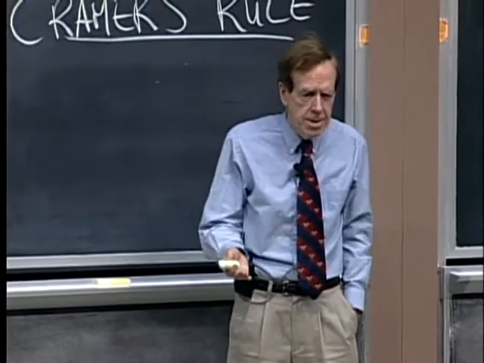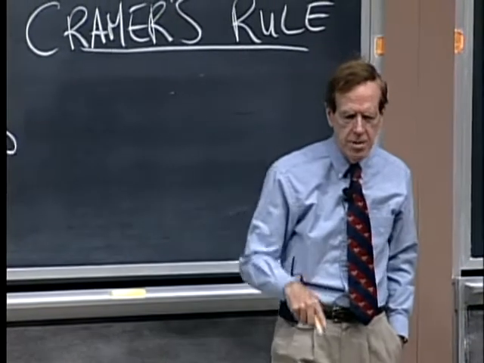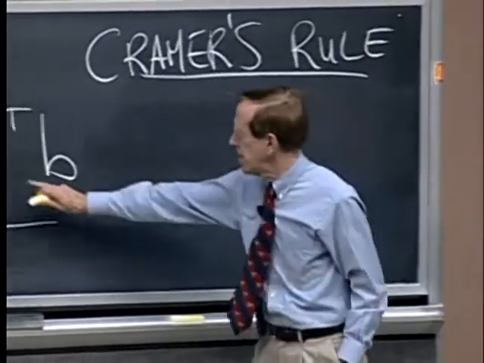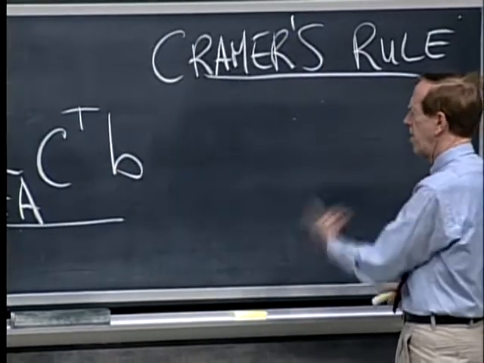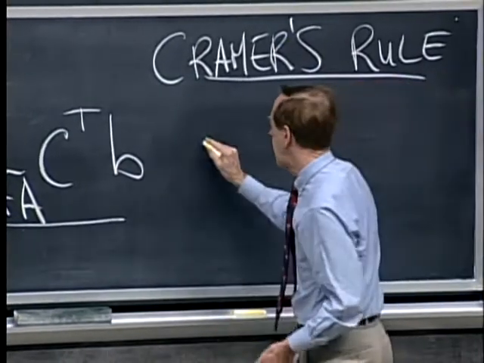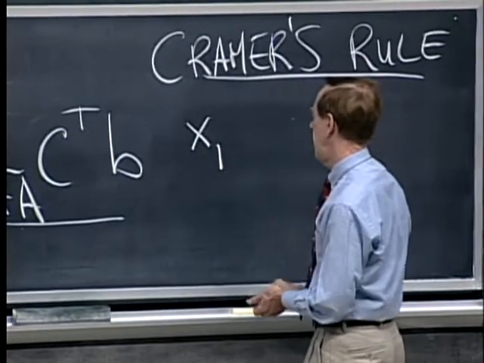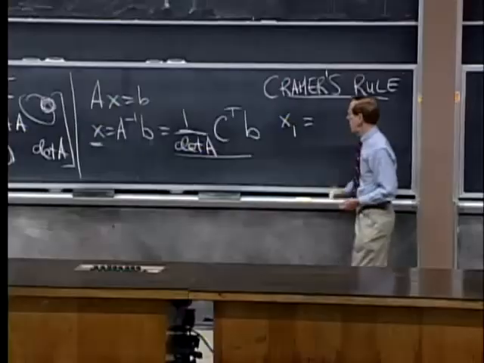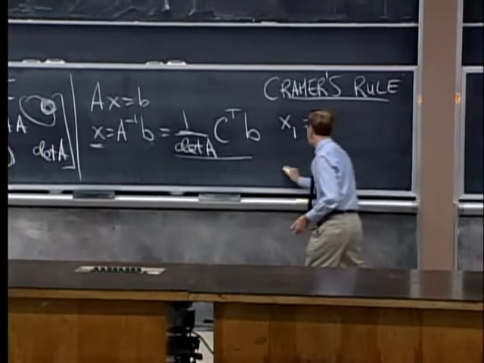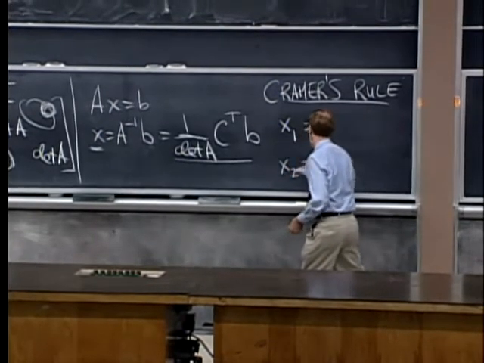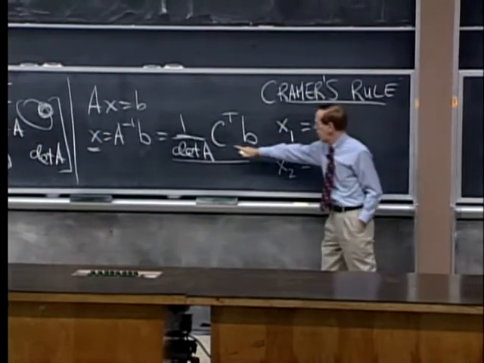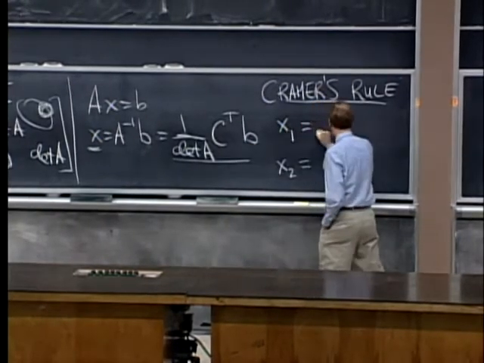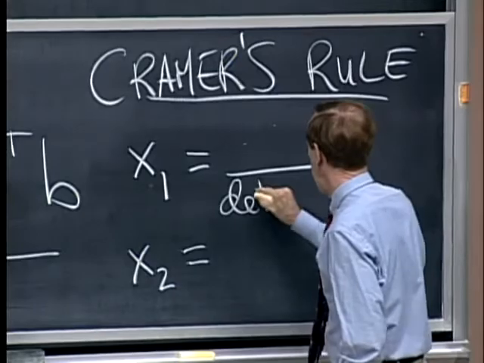I'm not surprised. There's a division by the determinant. But then I have to say a little more carefully what's going on up here. And let me tell you what Cramer's rule is. Let me take x1, the first component. So this is the first component of the answer. Then there'll be a second component and all the other components. Can I take just the first component of this formula? Well, I certainly have determinant of A down under.